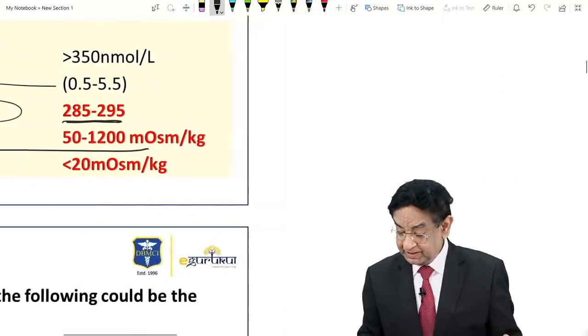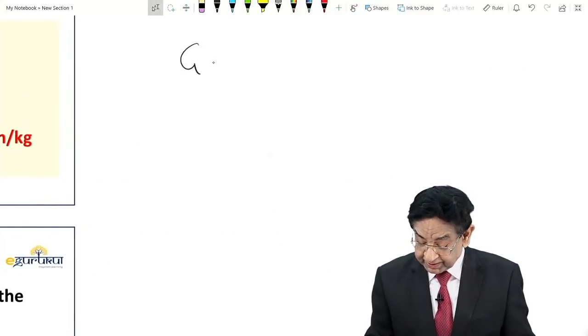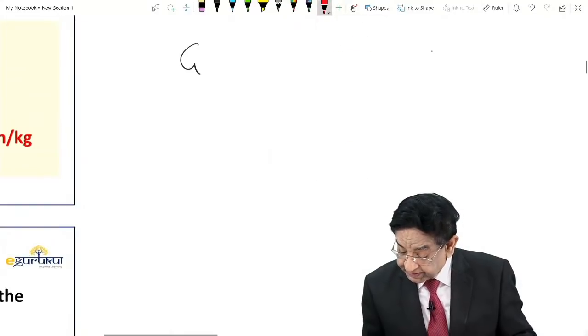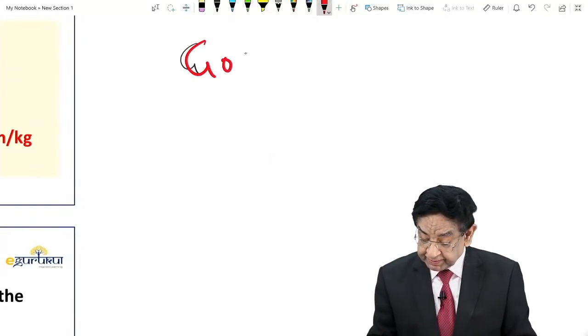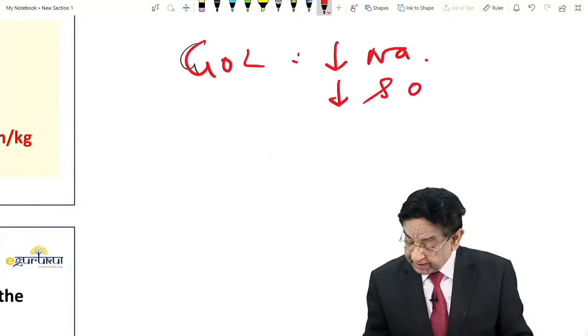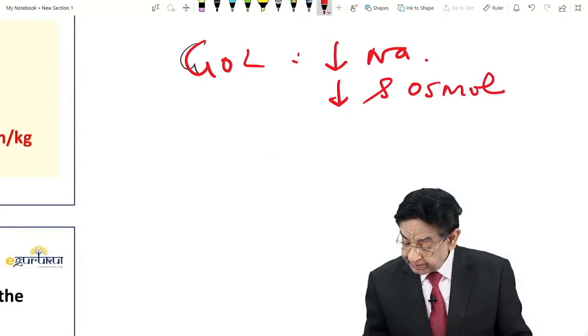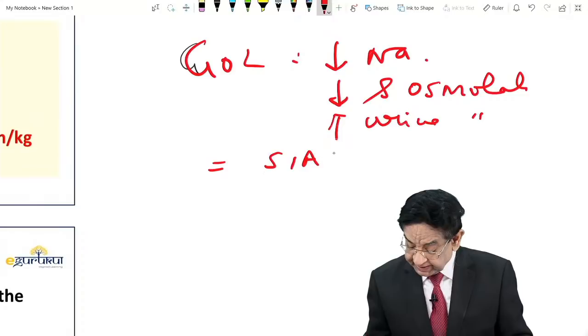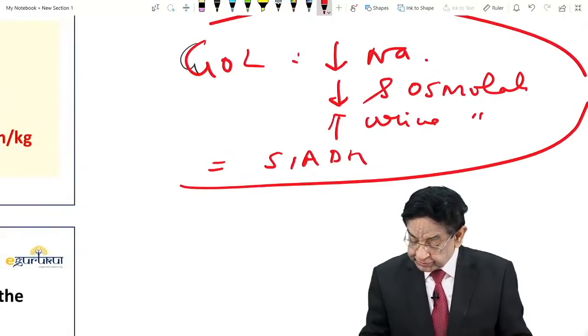The golden line to remember is, if we are getting hyponatremia, reduced serum osmolality, increased urine osmolality, we are dealing with SIADH, most likely.